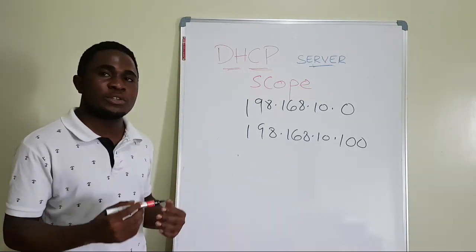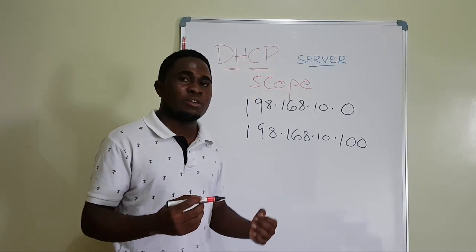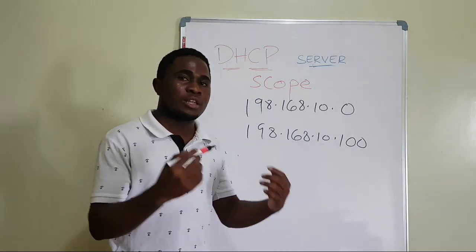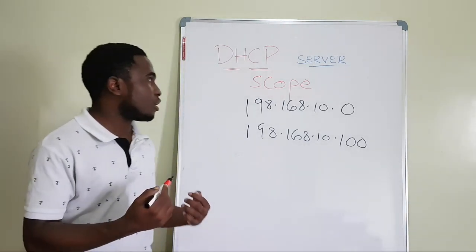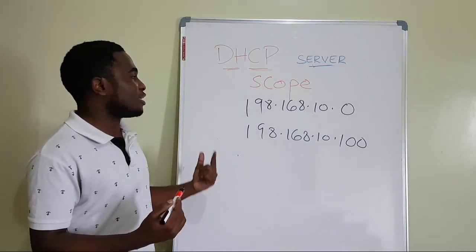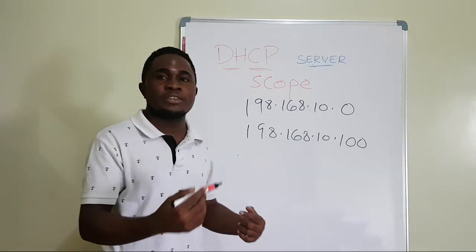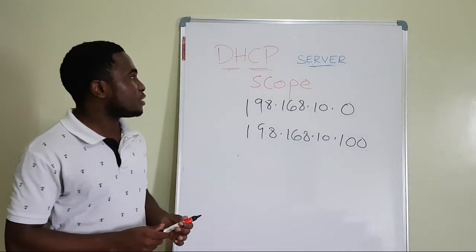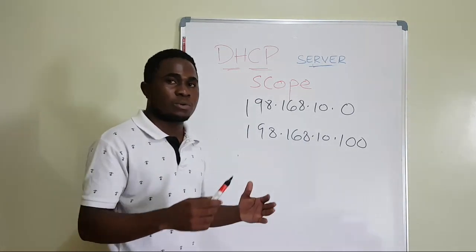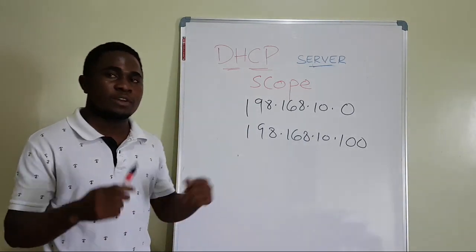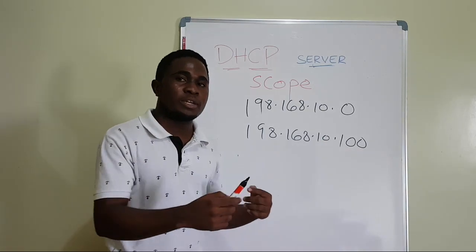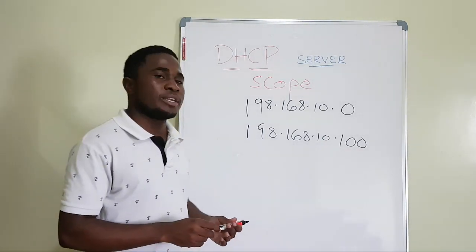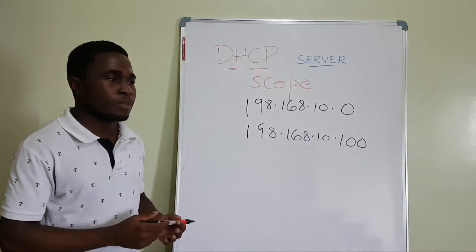After the client is done using the IP address, it may release it, so that when another client comes into the network and would like an IP address, the DHCP server can give the IP address that is free. That is one advantage of using the Dynamic Host Configuration Protocol. You may switch users: as soon as one user is out of the IP address, the other one who comes in can use the IP address that is free.